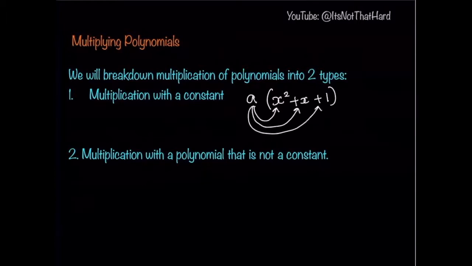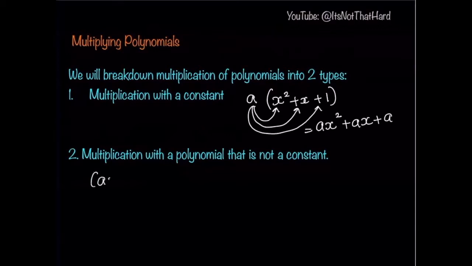So they're all going to get multiplied with a, and it's going to become ax squared plus ax plus a, because a times 1 is a. So when you have a constant and you're multiplying a polynomial, you just have to multiply each term in the polynomial with your constant.